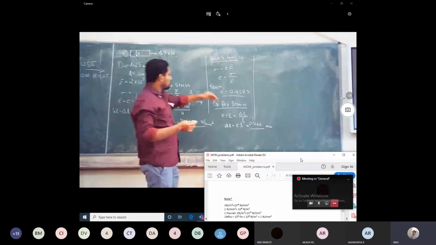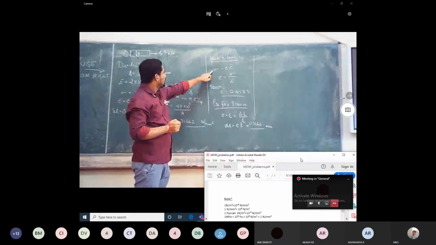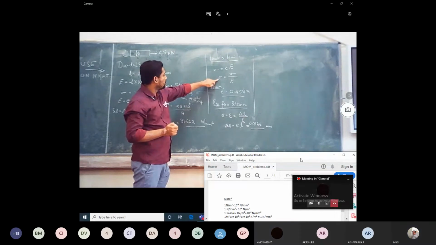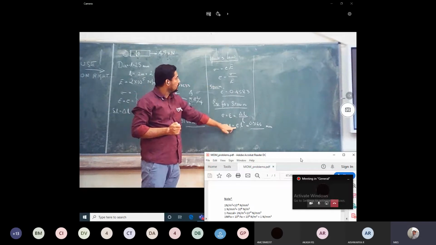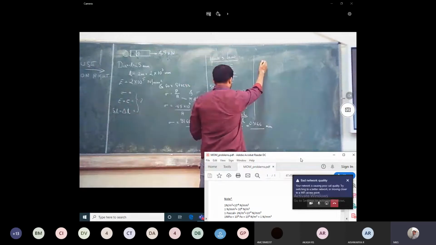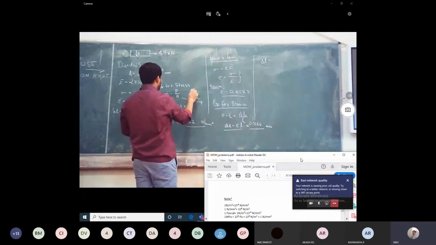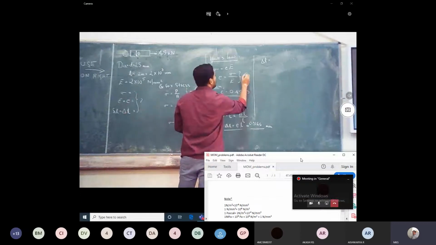So we have the expression for stress as force by area, and the expression for Hooke's law: strain is equal to sigma by E. And we have the change in length value, E into L. So we can write delta L is equal to... just for my reference, I'll call this equation 1 and this equation 2.